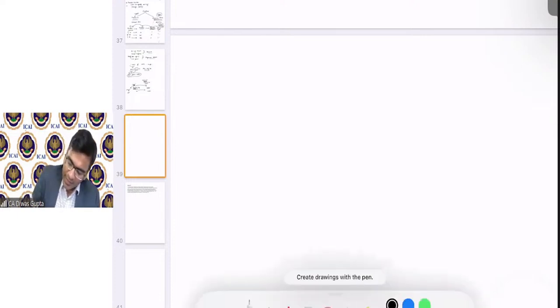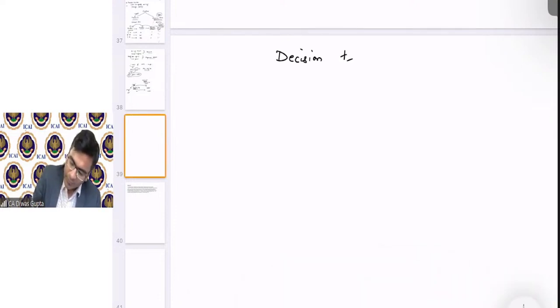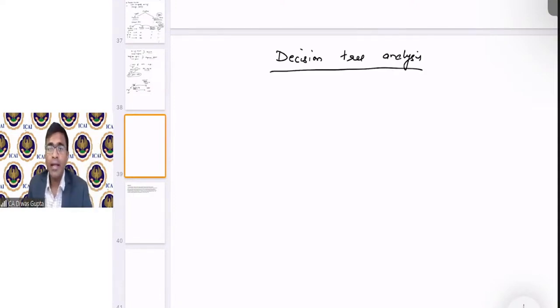So, decision tree analysis, students. Again, in case of any possible different possible outcomes, this decision tree analysis is very useful. How it is useful?